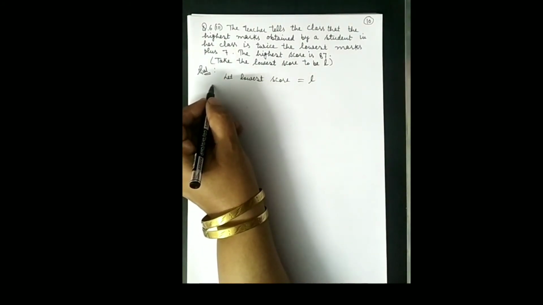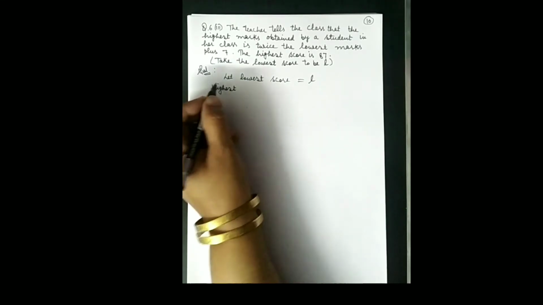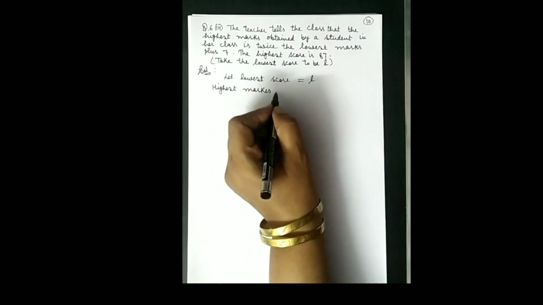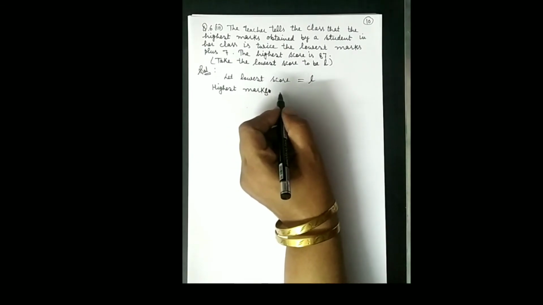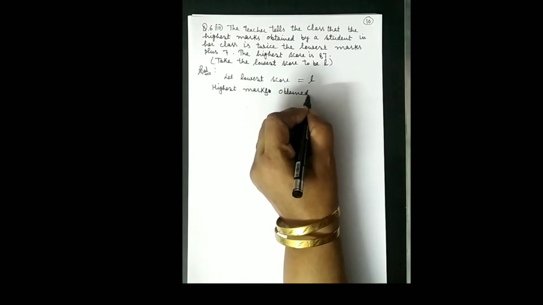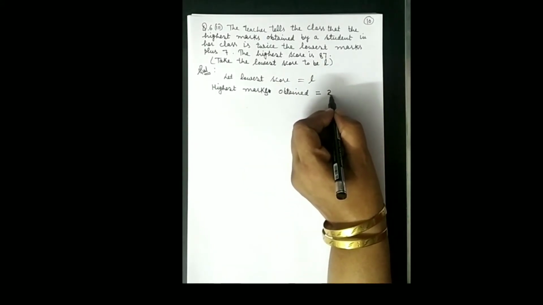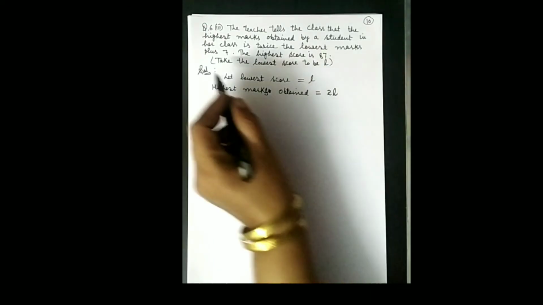So twice the lowest score means 2L plus 7. That will be highest marks. Highest marks obtained is equal to twice the lowest marks means 2 times L plus 7.